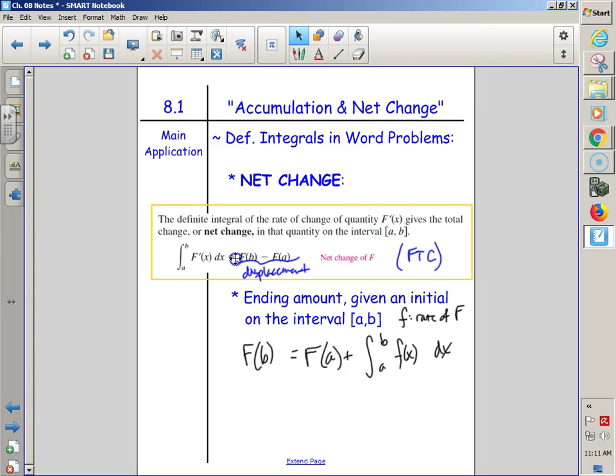So if we put words to it, which should be in our forever card, I don't remember if we totally did put words to this one, but final amount is equal to initial amount plus displacement, but displacement is very particular to what context?